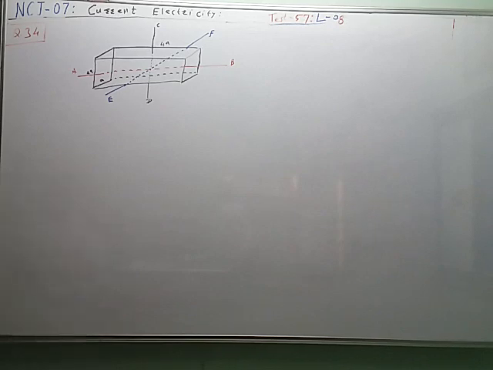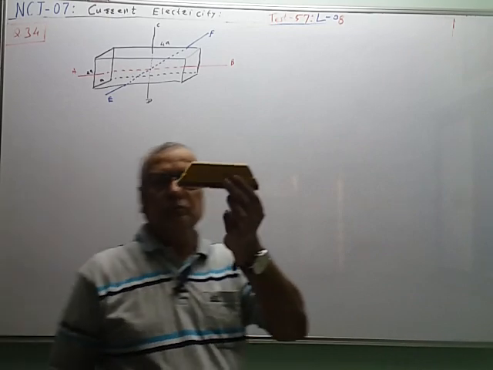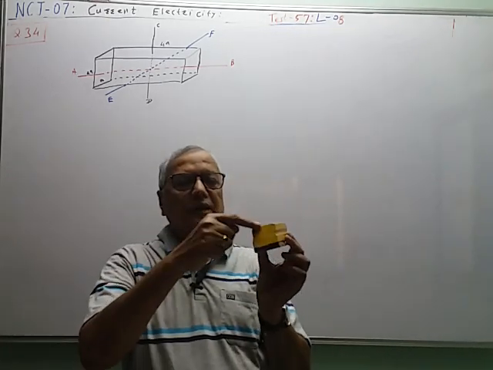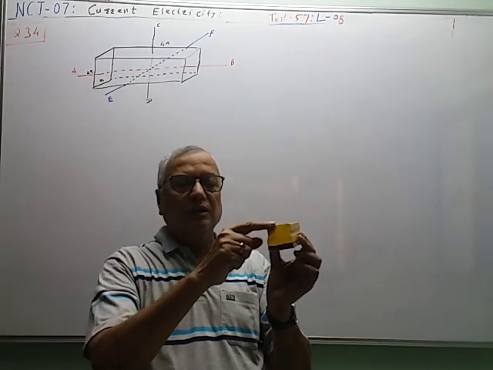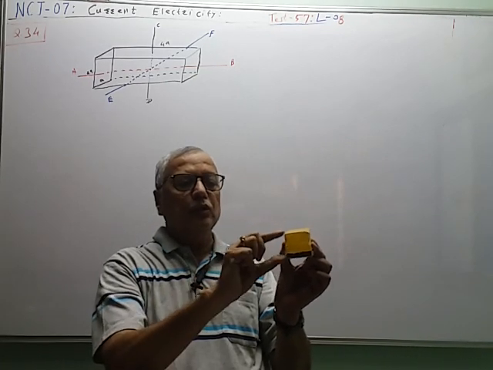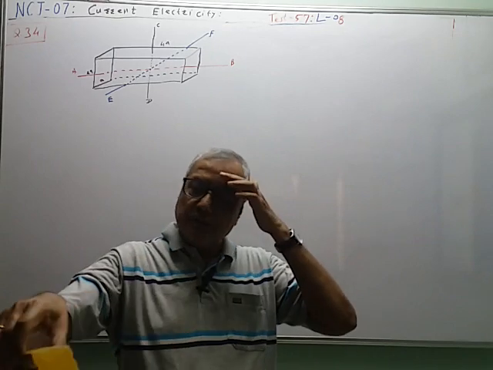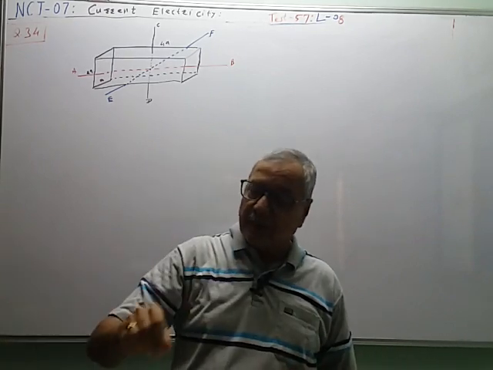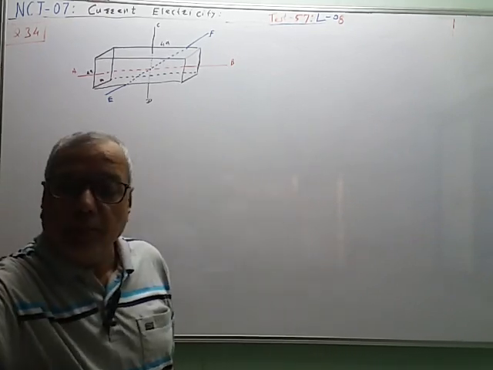So the given conductor is like this. This side is a, height is 2a and length is 4a. So the dimensions are different, and they are shown as in the figure.